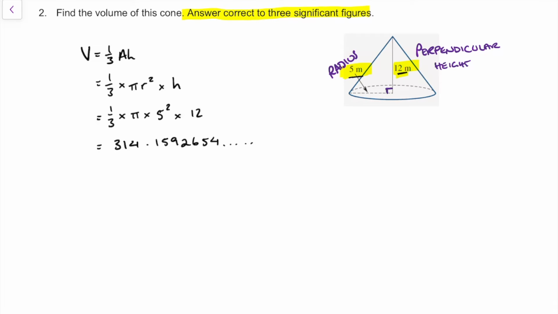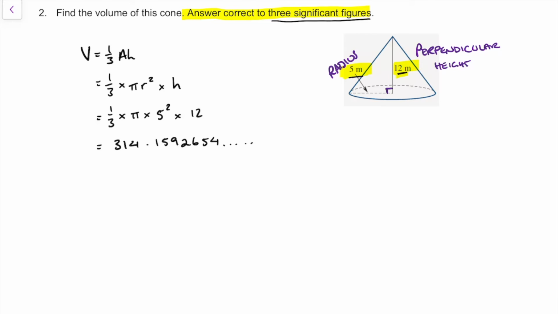But as we said before, we're looking for significant figures. Now, significant figures are a little bit tricky at times. There are lots and lots of rules around significant figures, but all we really need to understand for our purposes right now is that significant figures are any non-zero number, basically.